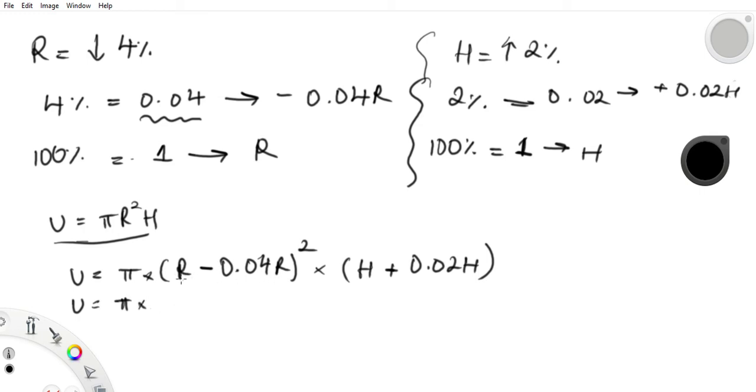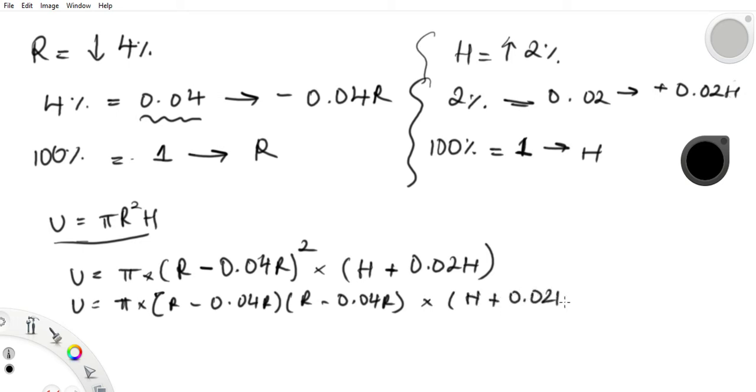Just doing this part, that is r minus 0.04 r, r again minus 0.04 r, times h plus 0.02 h.